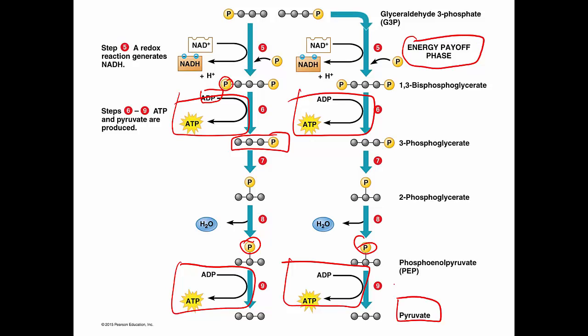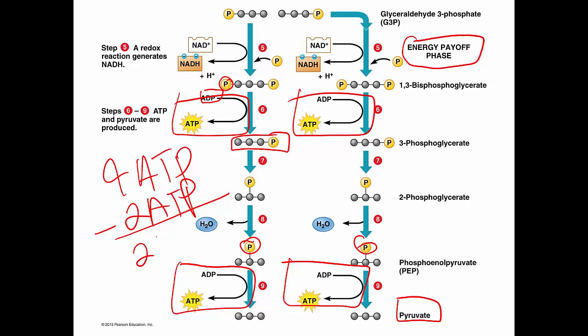Remember, we start with glucose, a 6-carbon molecule, and we end up with 2 molecules of pyruvate, each a 3-carbon molecule. So we've generated 4 ATP here. If you subtract out the 2 ATP we gave away during the energy investment phase, we get a net gain of 2 ATP. So through all this process of glycolysis, we've generated 2 ATP.